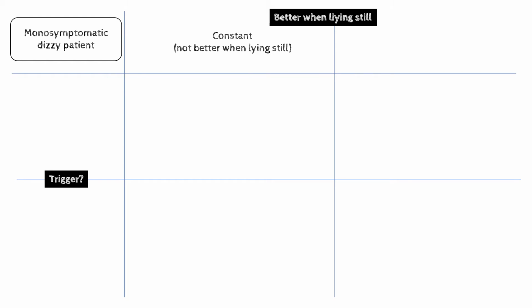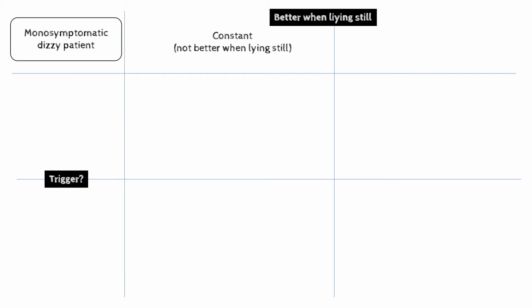And so you can make this 2x2 matrix when you get the answer to these two questions. Either the patient thinks that the dizziness is constant, meaning that it's not better or worse when lying still. It's the same.